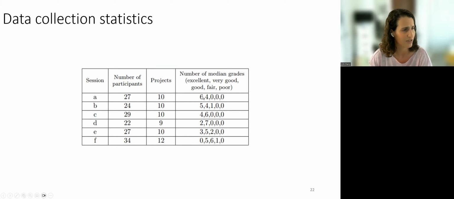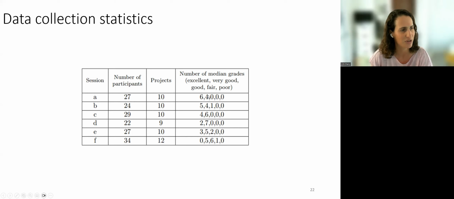So this is something that I already showed you: in session A, 27 students, I had a median grade of excellent for 6 projects and a median grade of very good for 4 projects. None of the projects out of 10 received a median grade of good.